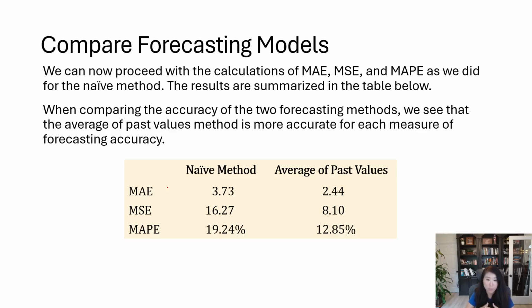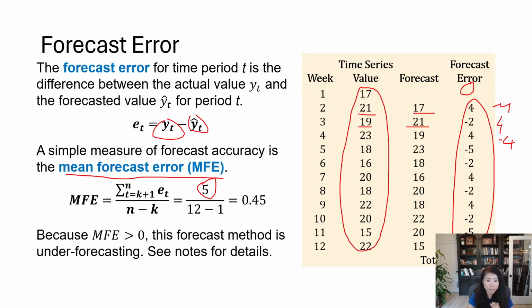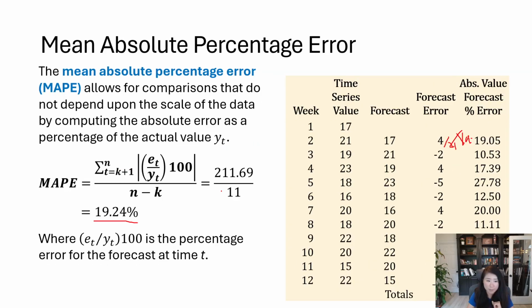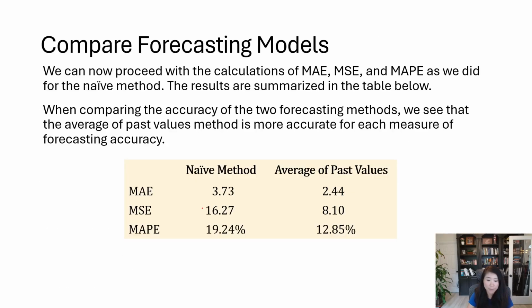As I mentioned, we usually don't use the first metric we learned, MFE, because it doesn't count absolute errors and is usually misleading in judging whether the model is good or not. Therefore, we use MAE, MSE, or MAPE to make a decision.